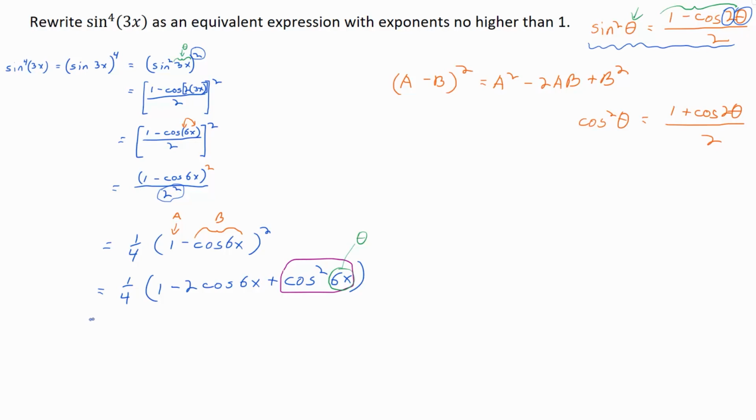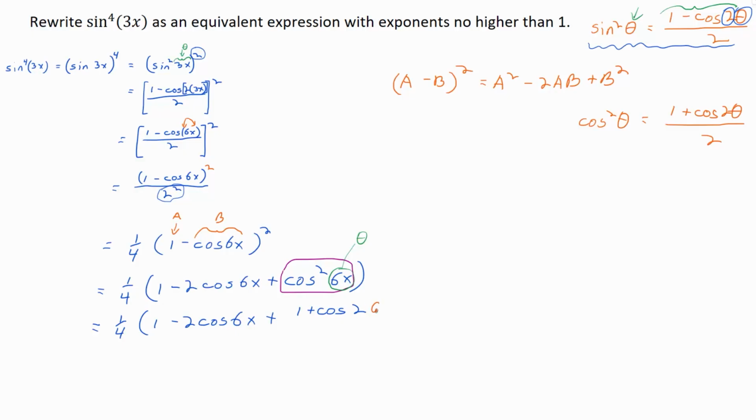Okay, so we do that. We still need the 1/4 out front. We need the 1 minus 2 cosine 6x. That's not going anywhere, just copying that down. And then I'm going to replace cosine squared 6x with the power reducing identity, 1 plus cosine of 2, and then I'm plugging in 6x for theta.